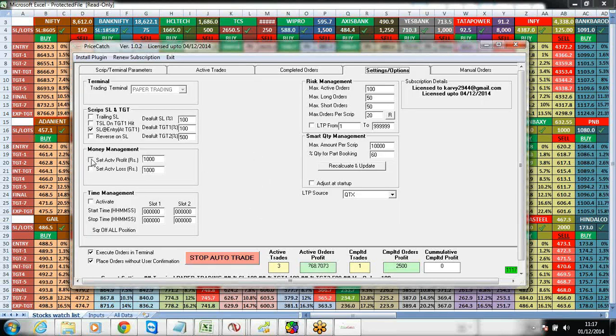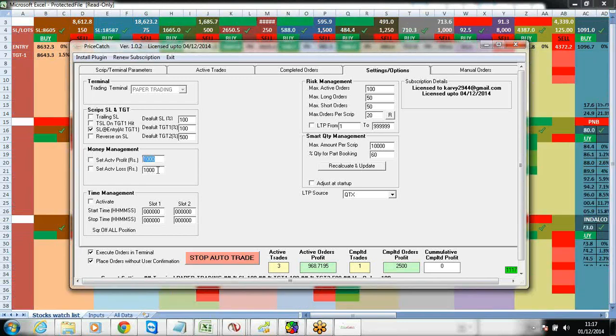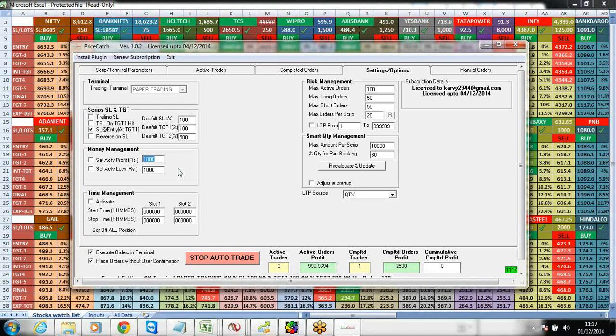Let's say when you have 30 scripts here, set your target to around 2,000 rupees for each script, or let's say 20,000 rupees per day, whatever it is. Then it will automatically get squared off, and you can just make your money and come out. You can even define your loss also. That is one of the best things we have here.